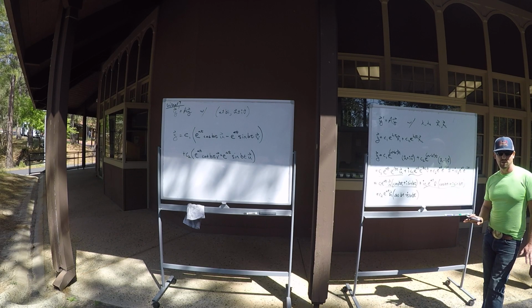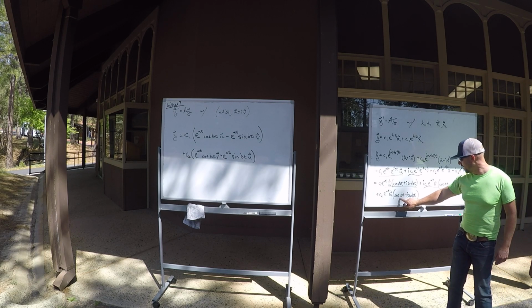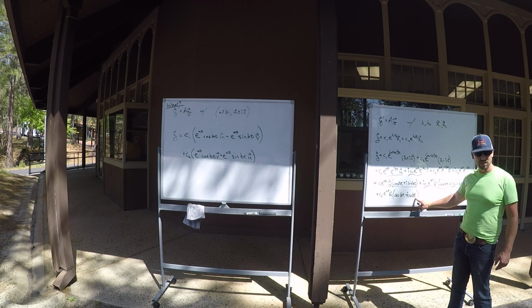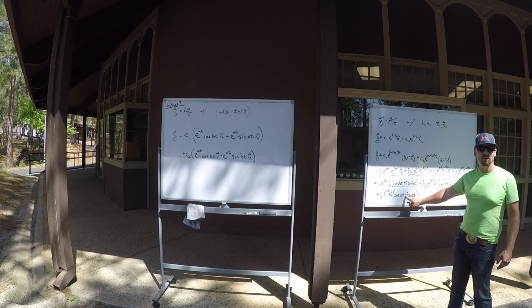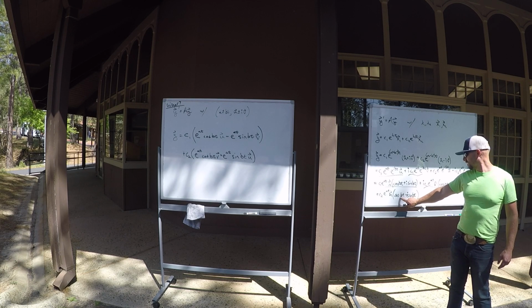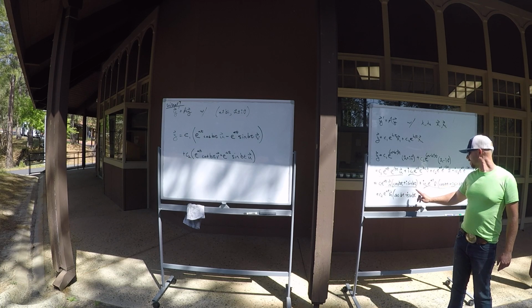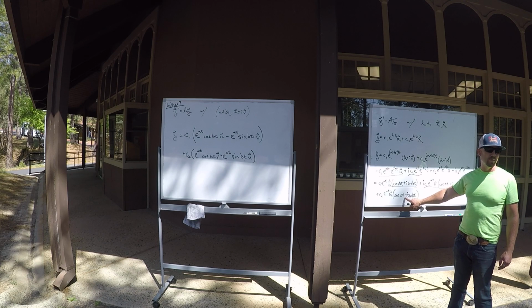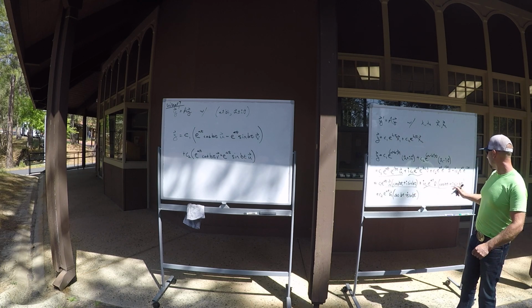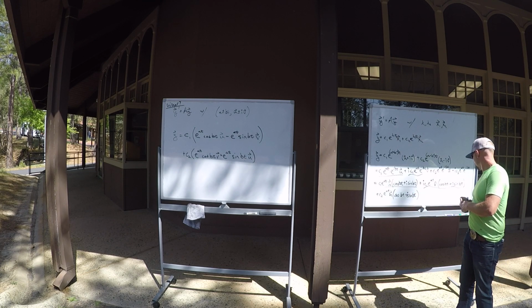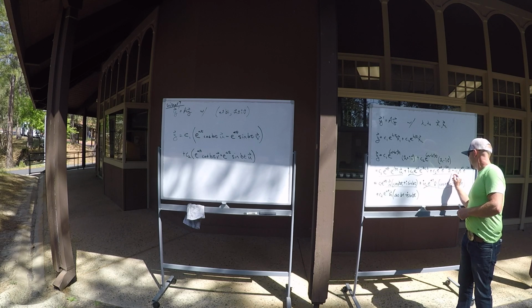Both of these should be a minus bt. Cosine's even, so the minus sign doesn't matter. Sine's odd, so the minus sign can come out of the argument and be applied to the front. Good? Okay, so that was this term.